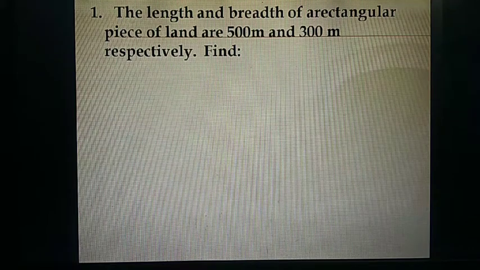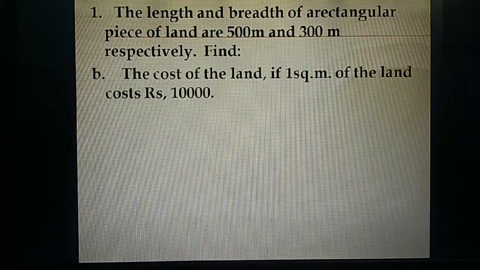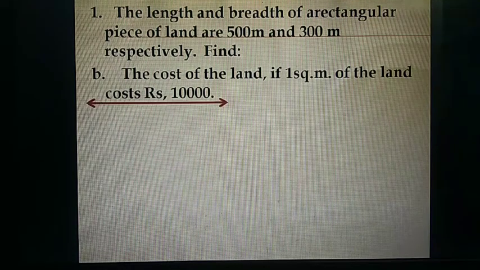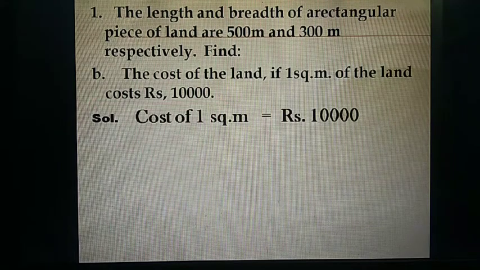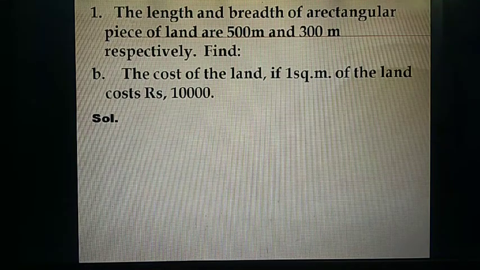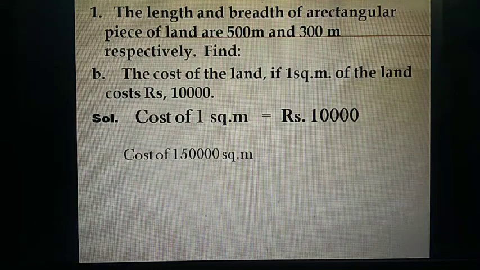The second part of the same question is the cost of the land. If 1 square meter of the land costs rupees 10,000, so here, first line will be cost of 1 square meter. Total area we calculated is 150000.